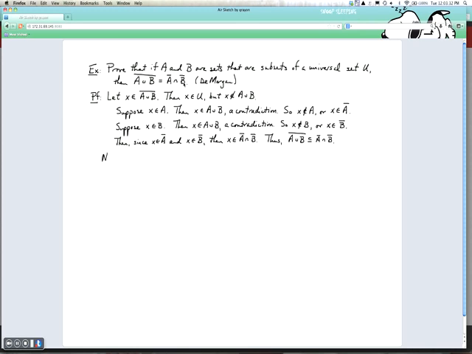Okay, so again, we say now let X be an element of A complement intersect B complement. Now the intersection only gives us one case. It's in both.